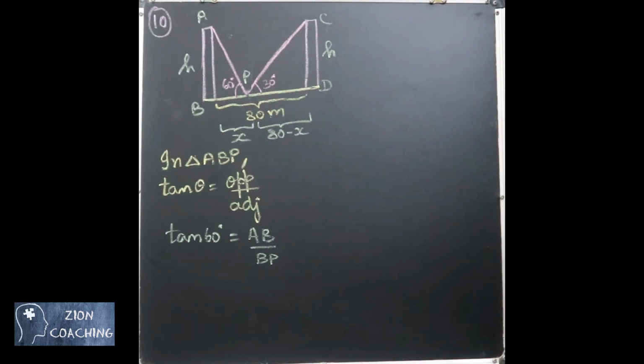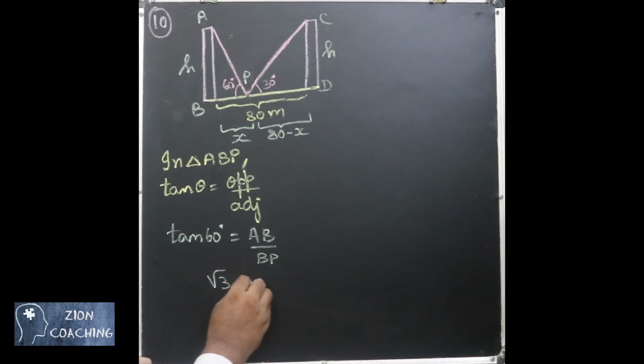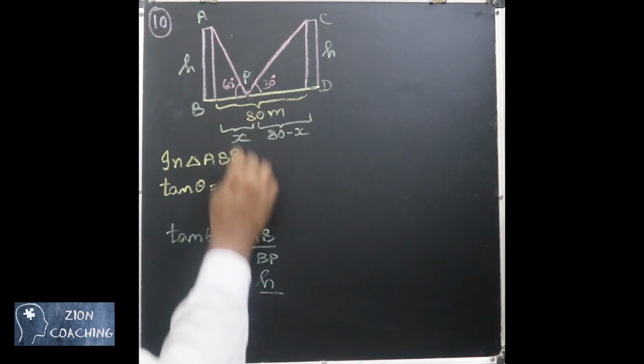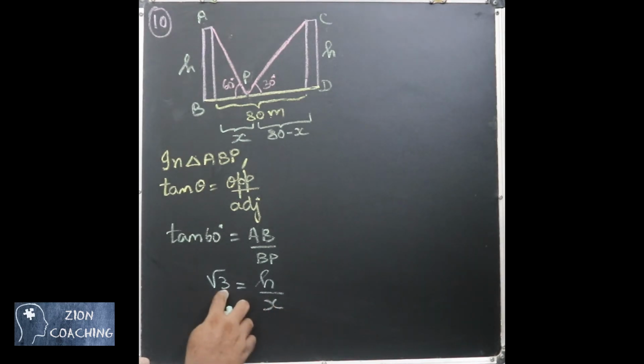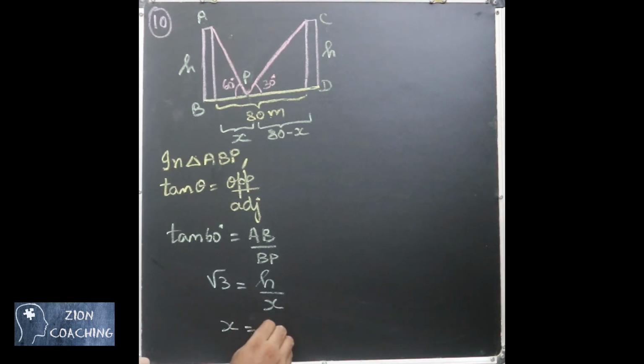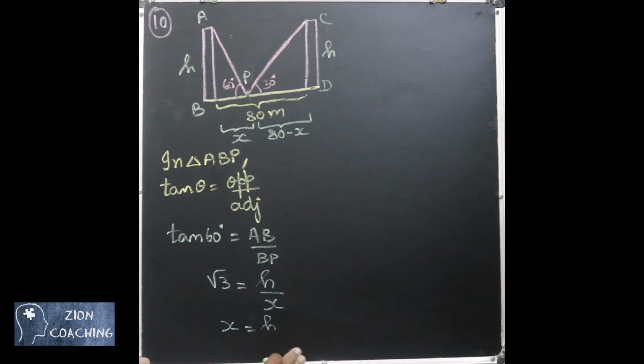Tan 60 degree value is root 3, so root 3 equals h by x. Taking x to that side and root 3 to this side, x is equal to h by root 3, or h is equal to root 3 x. Keep this as result 1.